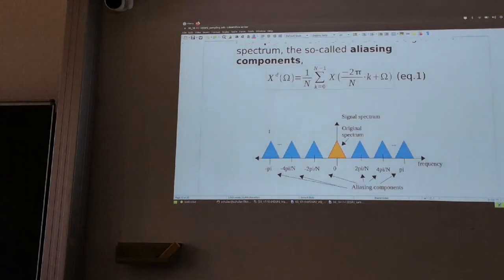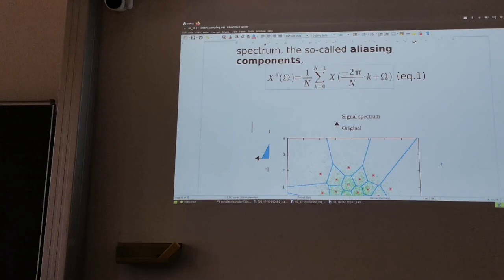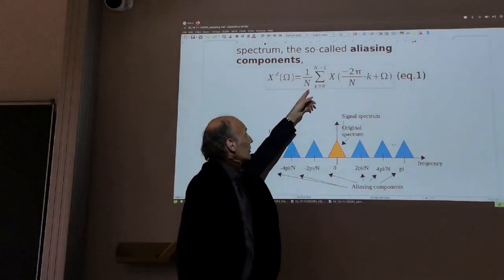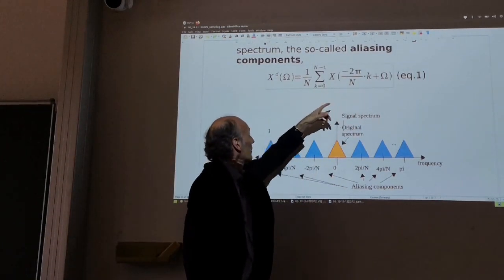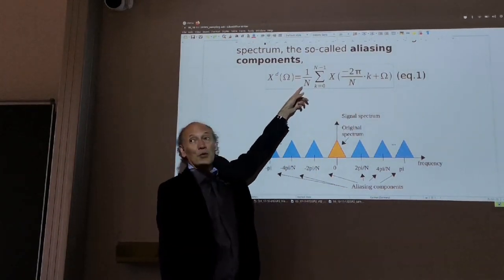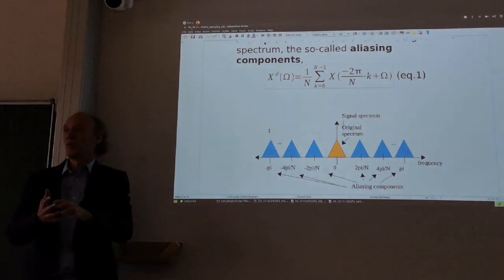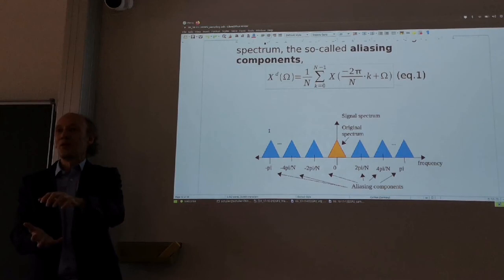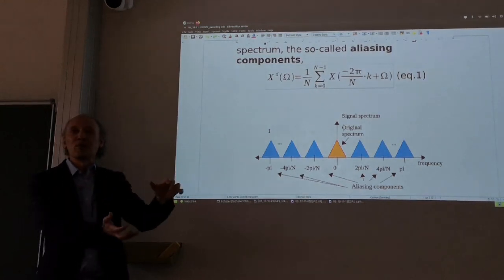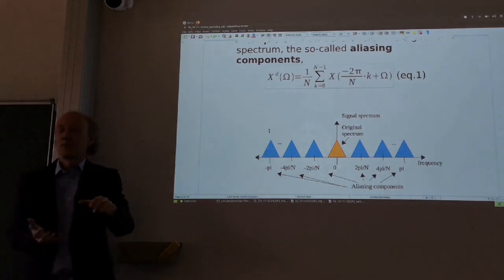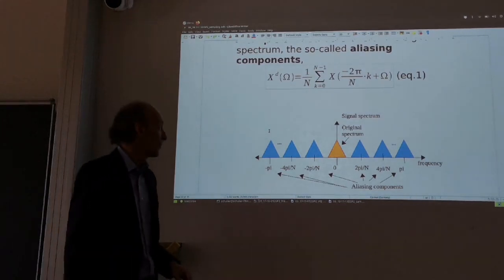So this is the main result. Here you have to shift the spectrum. Also observe this 1 over n, which means the original spectrum is now n times smaller, and also the spectral copies are n times smaller, which means the total energy stayed the same. It didn't change.